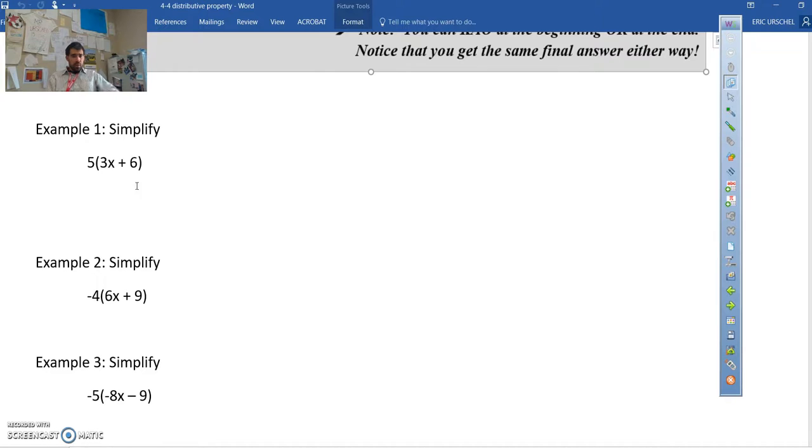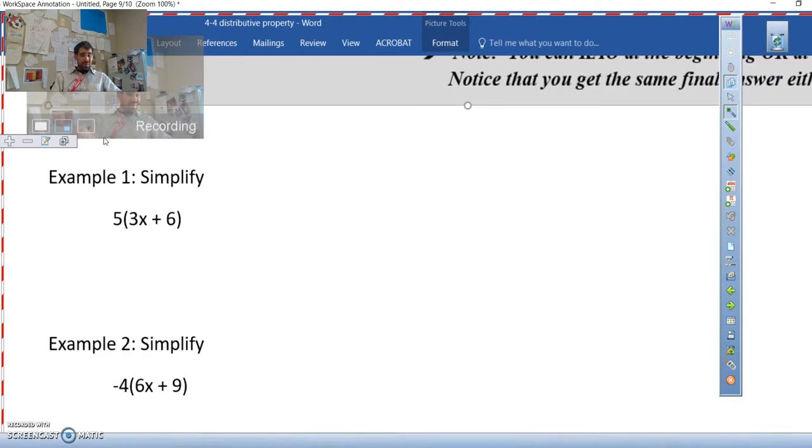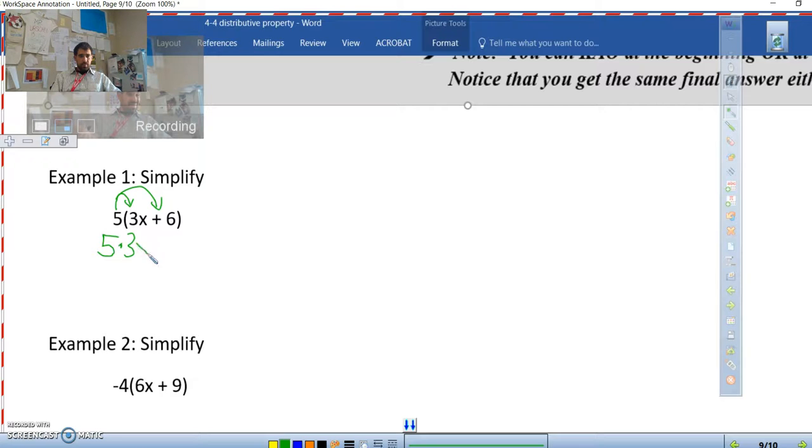Alright, so here's a simple example of the distributive property. One that, hopefully you guys can do, especially if you remember from last year. So we have 5 multiplied by 3x plus, this addition sign comes straight down, 5 multiplied by 6.